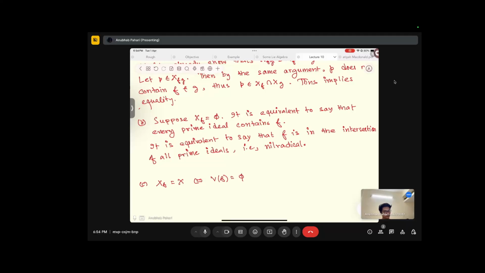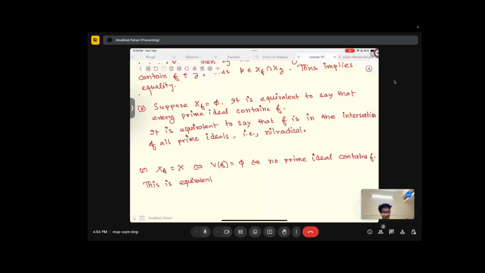V_f is empty, that means no prime ideal contains f. This is equivalent to say that f is a unit.